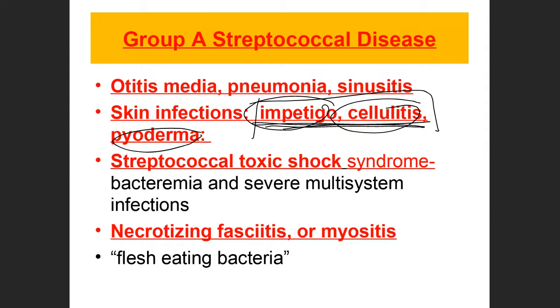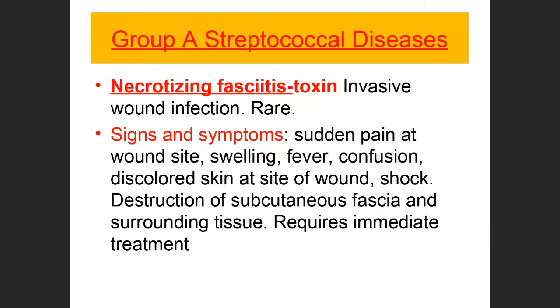Necrotizing fasciitis or myositis is what we call flesh-eating bacteria. Some of the group A strep are able to produce toxins that completely destroy and invade tissue. So this is an invasive wound infection. It is rare.